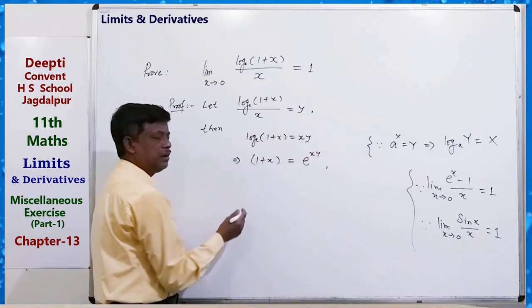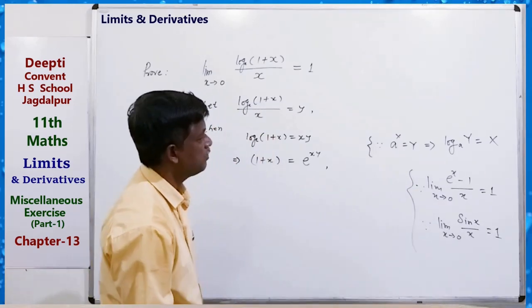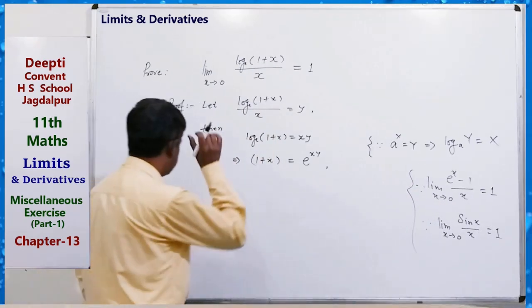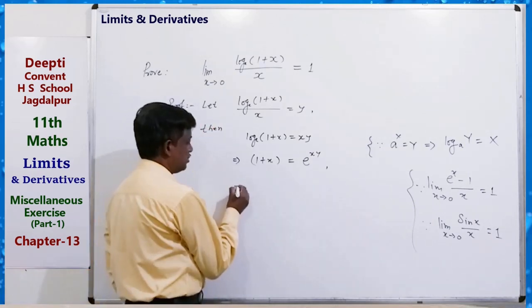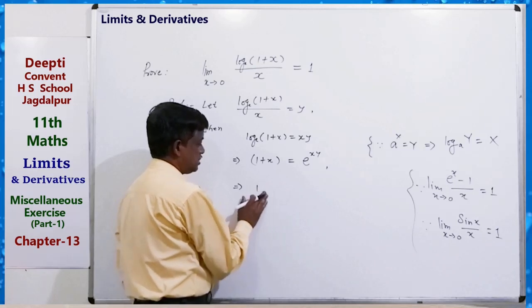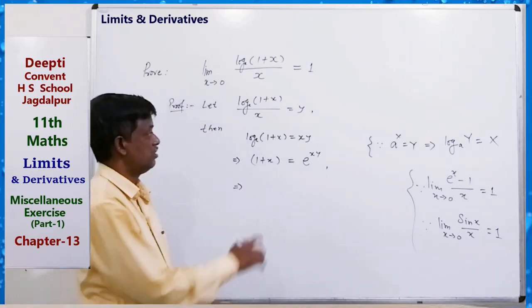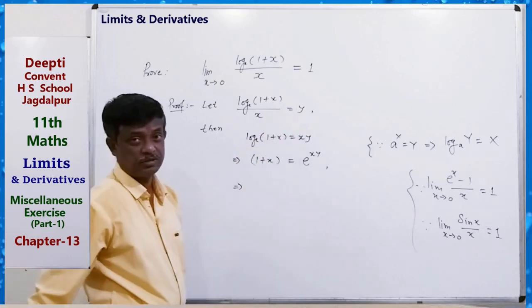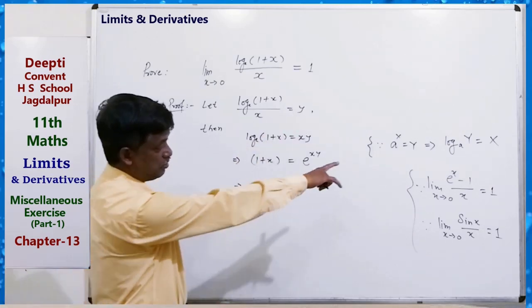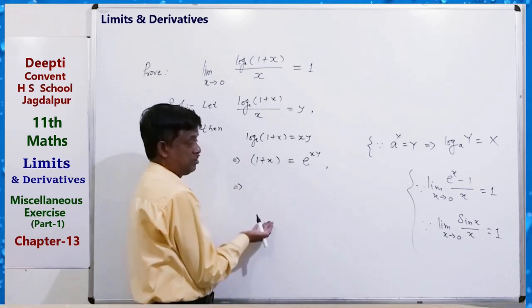Now from here we can adjust to this format. Just for writing in the form, because we want to find the limit of y as x tends to 0, we use this formula. For using this formula, what do we want?